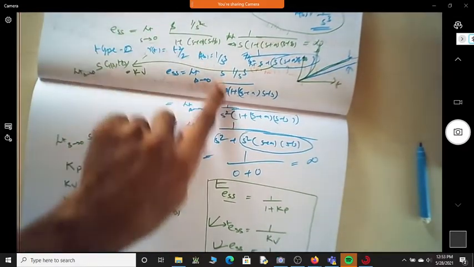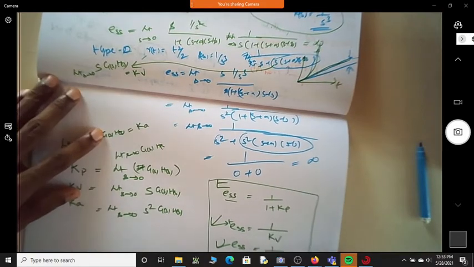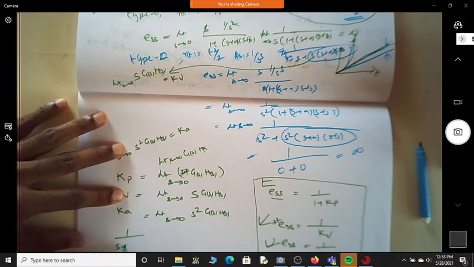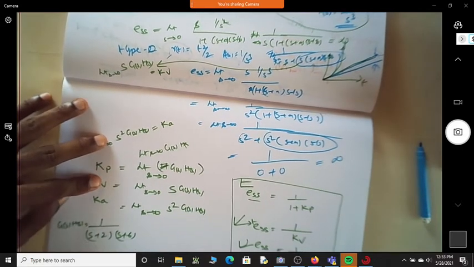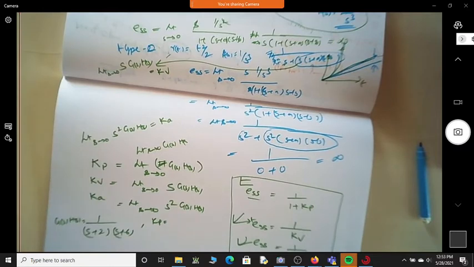So we have just seen it for type 0. So let me take a system something like this: s plus 2, s plus 6 as your GFS into HFS. Can you find what is Kp now? How do you find Kp?